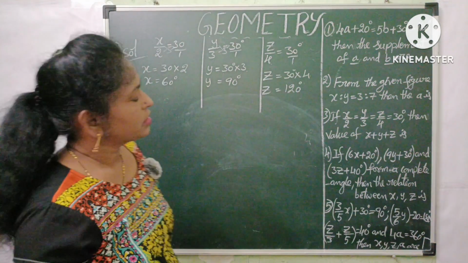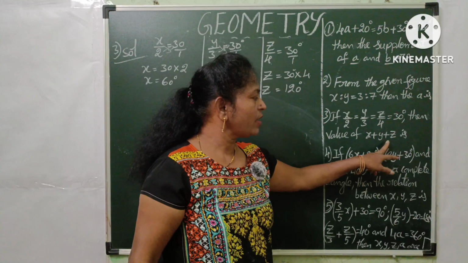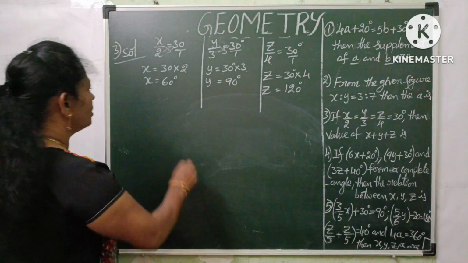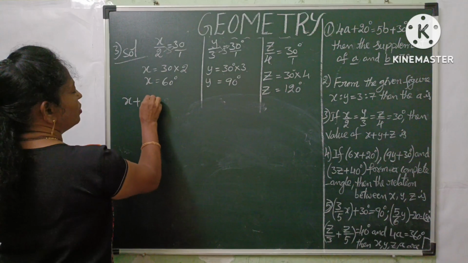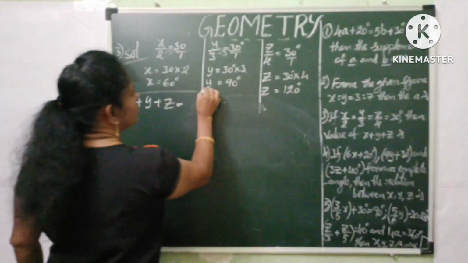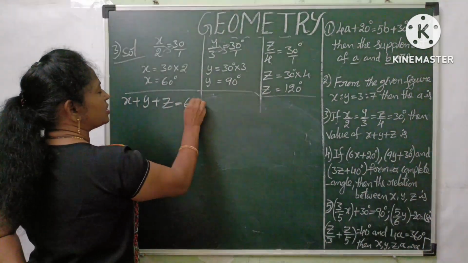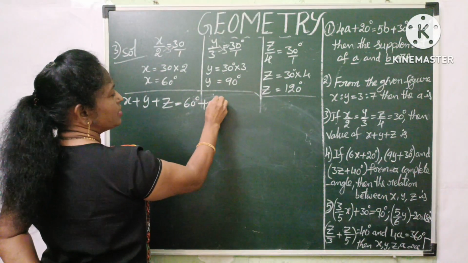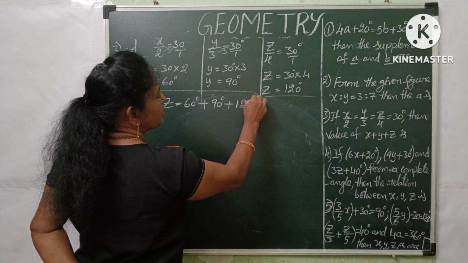Now what they are asking in the question is the value of x plus y plus z. So that is equal to x plus y plus z equal to, what is x? 60 degrees plus y is 90 degrees plus 120 degrees, z.